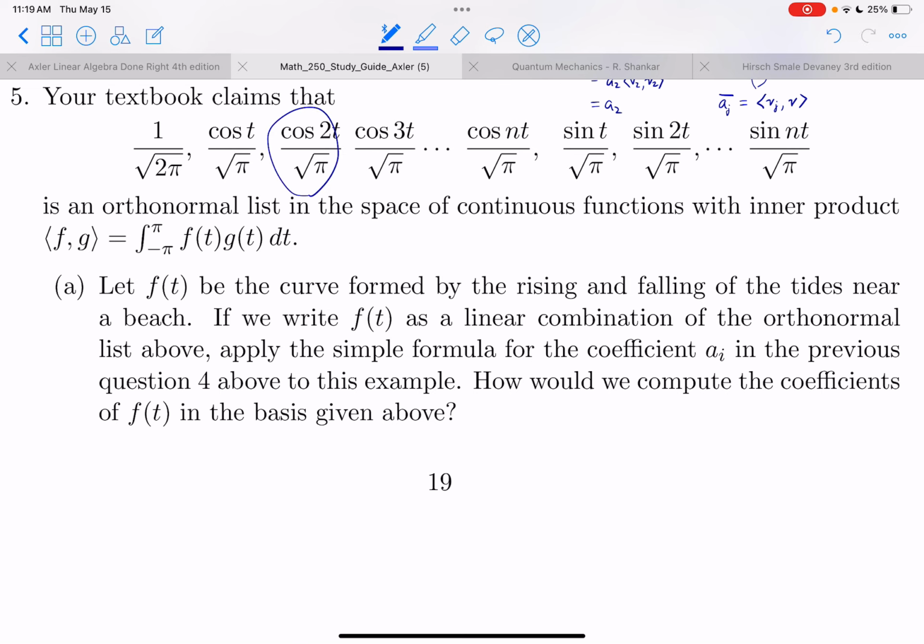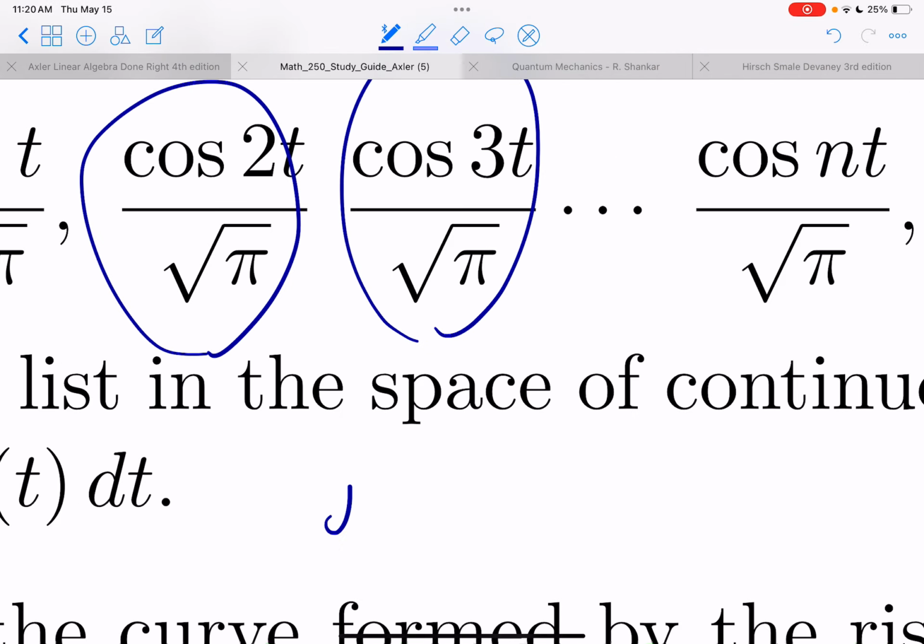Then these are an ONB. So if you integrate, for example, cos of 2t times cos of 3t dt, over negative pi to pi, you are going to get 1.